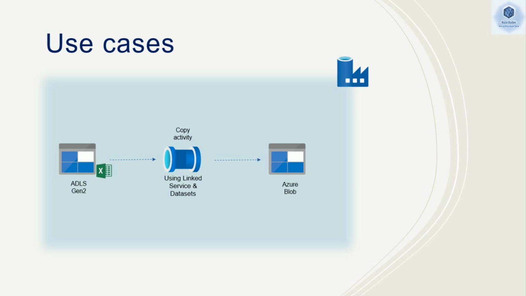So we are going to use an Azure Data Factory copy activity pipeline. In this copy activity, we are going to create a linked service and datasets. For this linked service, we are going to use the system assigned managed identity authentication kind to connect to Azure Data Lake Gen2 or Blob Storage. So we are going to move the Excel file using the copy activity to the Blob Storage.